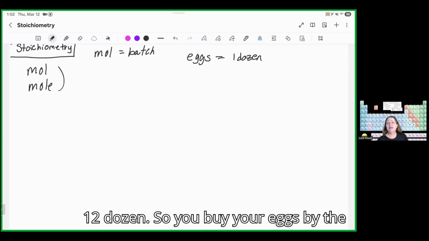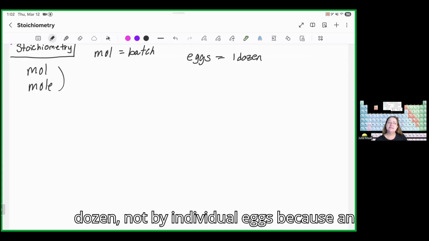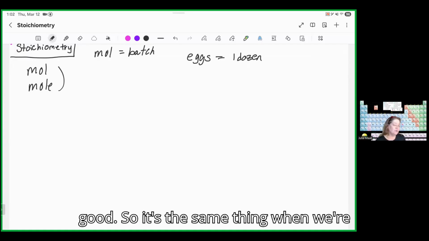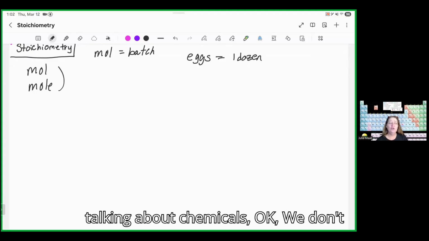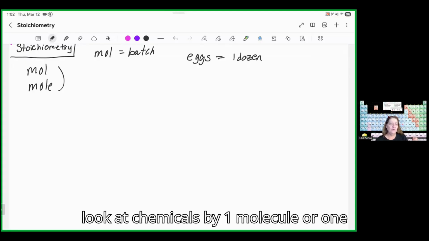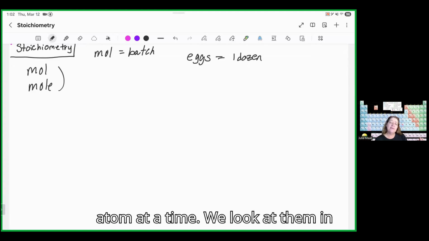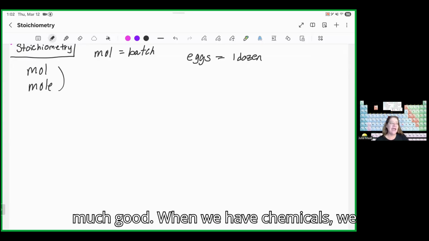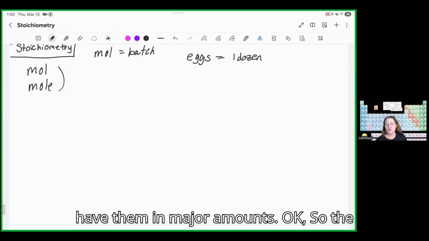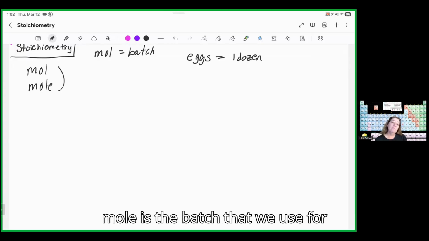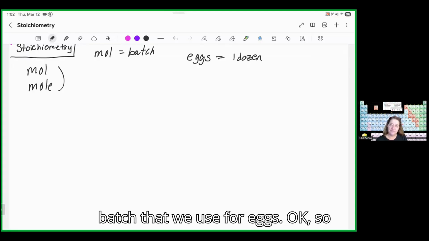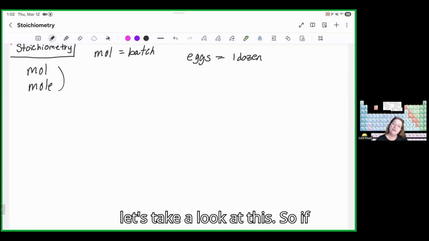You buy your eggs by the dozen, not by individual eggs, because an individual egg doesn't really do you much good. It's the same thing when we're talking about chemicals. We don't look at chemicals by one molecule or one atom at a time. We look at them in batches because one doesn't really do us much good. When we have chemicals, we have them in major amounts. So the mole is the batch that we use for chemicals, whereas the dozen is the batch that we use for eggs.